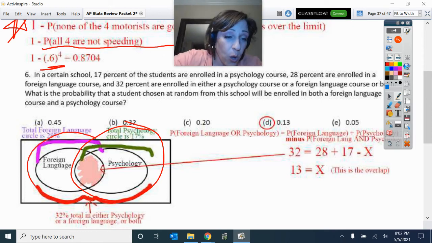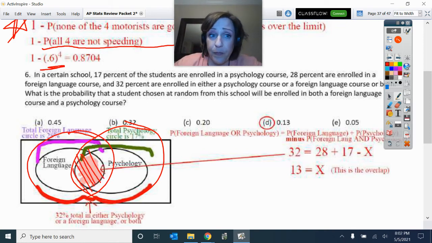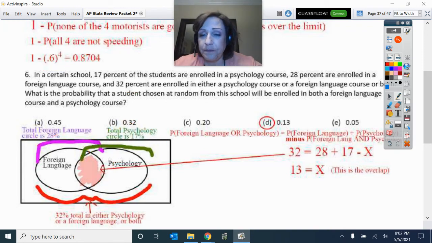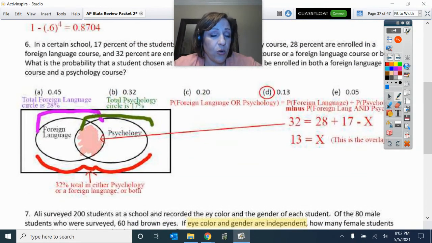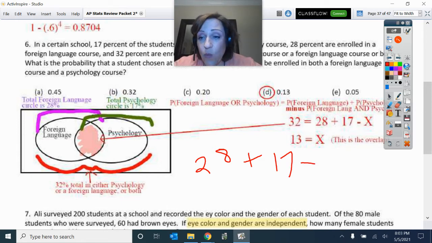So that's the whole circle. Well, there's double counting in the middle there. And it says that it should total to 32%. So what that tells me is that, okay, if I added 28 plus 17, I need to take away the part that gets double counted, and then I will get a total of 32.